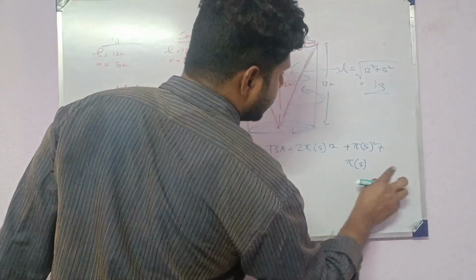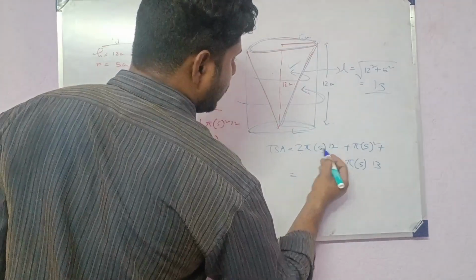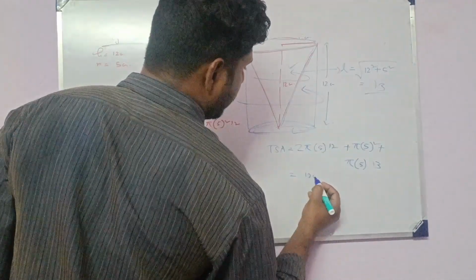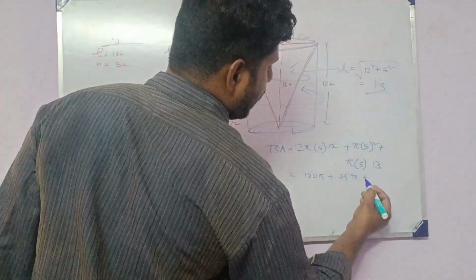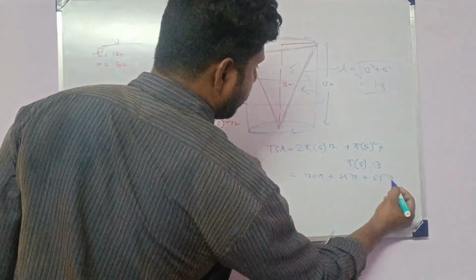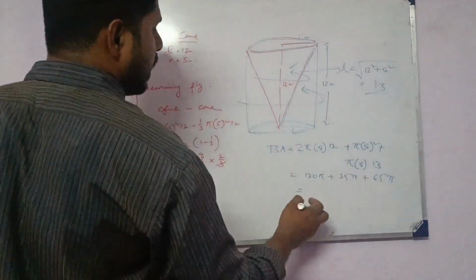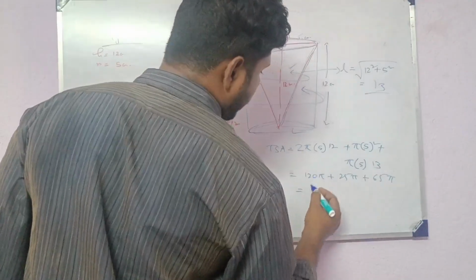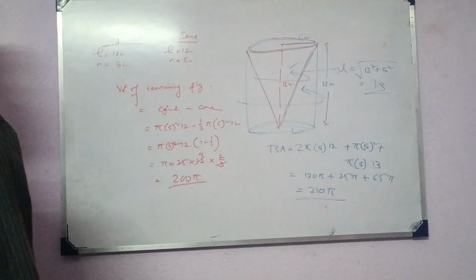So L is 13. So that is 2 5s are 10, 10 12s are 120 pi and 25 pi. 35 is 65 pi. So 65, 25, 70, 80, 90, and 120 pi is 210 pi. So this is the total surface area.